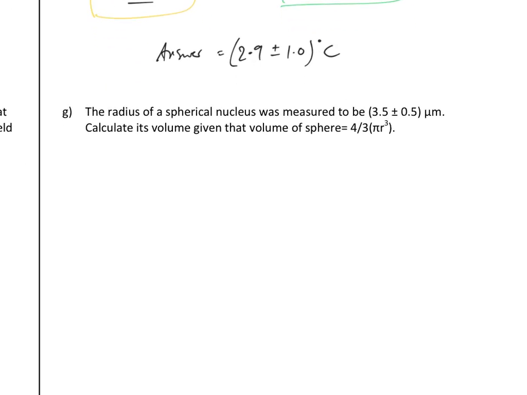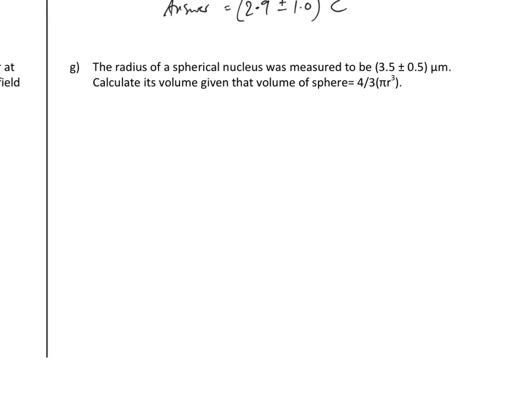Last one, Q1. Excellent. I tried to give you every kind of possibility when I came up with these questions. The radius of a spherical nucleus was 3.5, with an uncertainty of 0.5 micrometers. Calculate the volume, given the volume of the sphere is 4/3 pi r cubed.